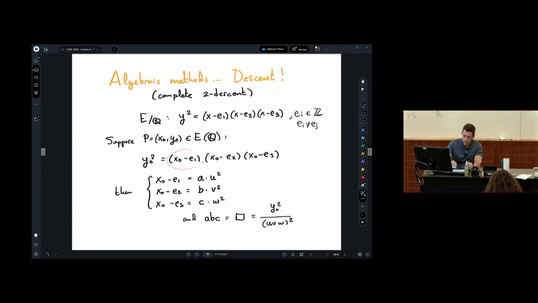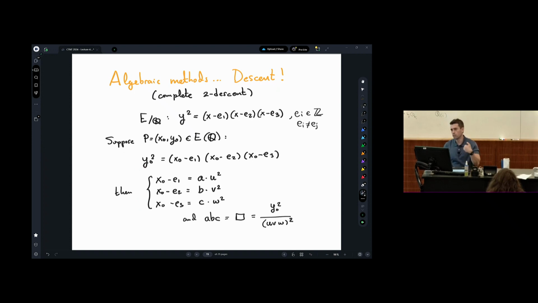So you can write this as almost a square, almost a square, almost a square, and then the product of these A, B, C has to be a square. And in fact, it is the square written like so. I haven't done much here except that maybe I can try to solve these four equations. If I could solve that, then I'm done.